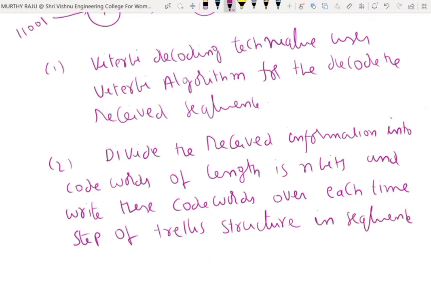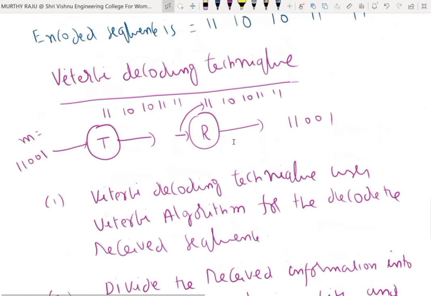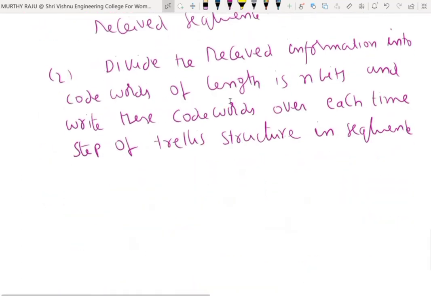In this example, the received sequence is 1 1 1 0 1 0 1 1 1 1. Example here by using this received sequence. Received sequence Rx is equal to 1 1 1 0 1 0 1 1 1 1.